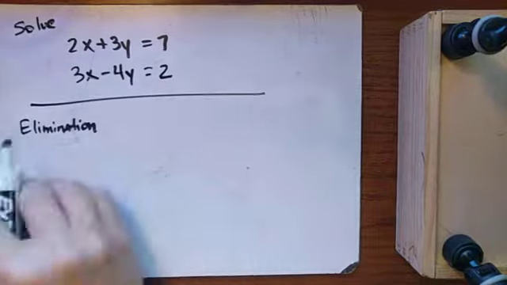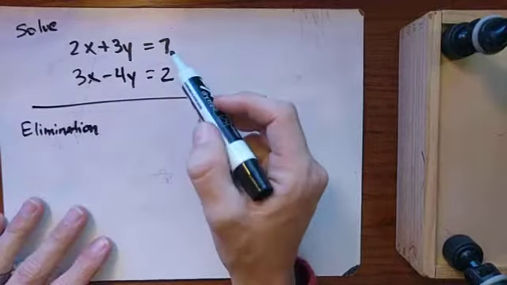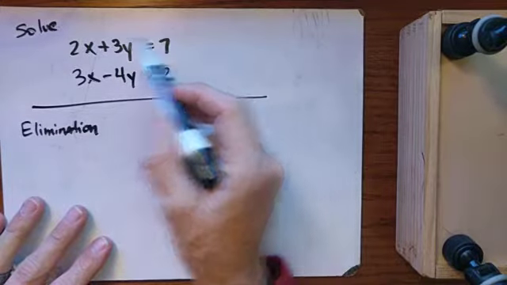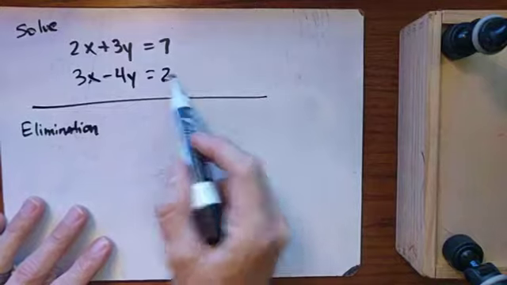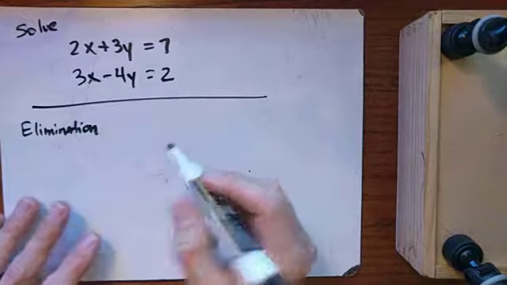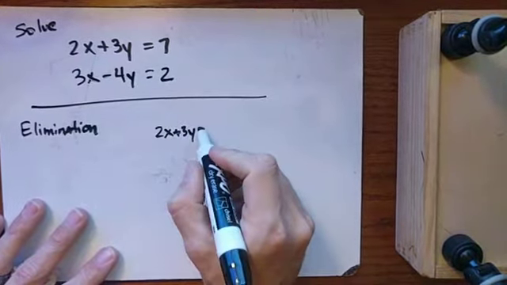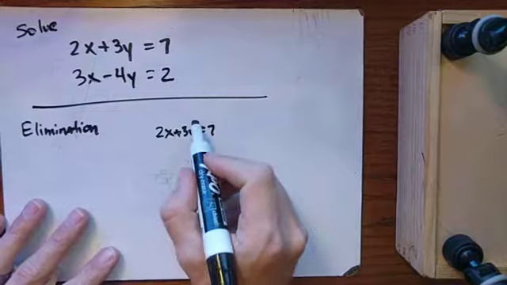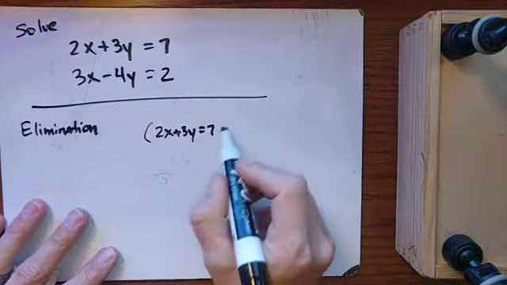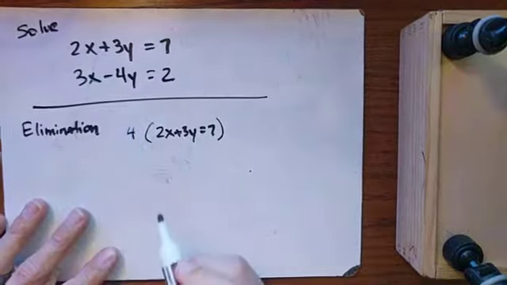So the goal in this is to try to finesse the equations, okay, so that you can multiply one equation through by a number, another equation through by a different number, and get either the x's or y's to cancel out. So this is what I'm going to do. I'm going to take equation 1, okay, and I'm going to multiply both sides of it by 4.